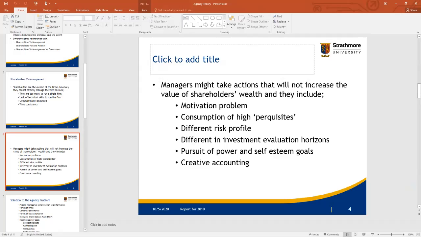However, you go back to the same question: was this acquisition done for the managers or was it done for the purpose of the shareholders? So some acquisitions are not made for the sake of the shareholders, but for the sake of the own interest of the managers.